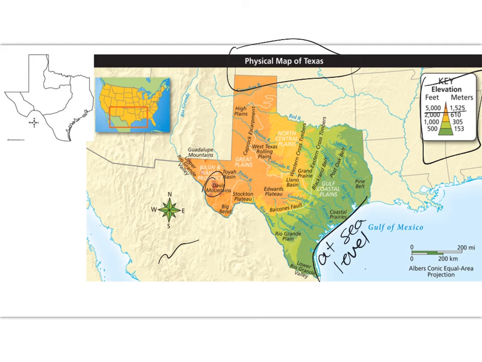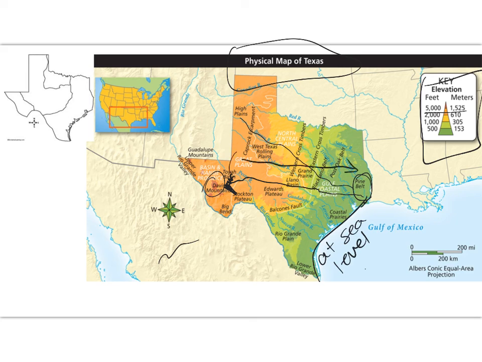So as you go from, say, the Pine Belt subregion of the coastal plains, if you go west toward the Davis Mountains, a shout out for my 7th period, you know who you are, then you're going uphill like that. If you want to go from west to east, you're going downhill.